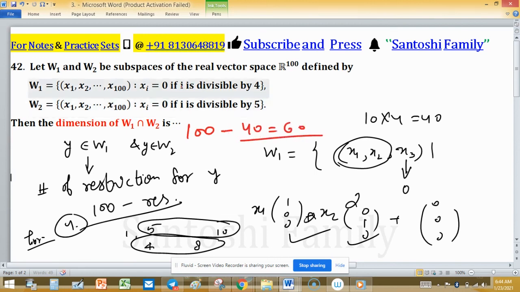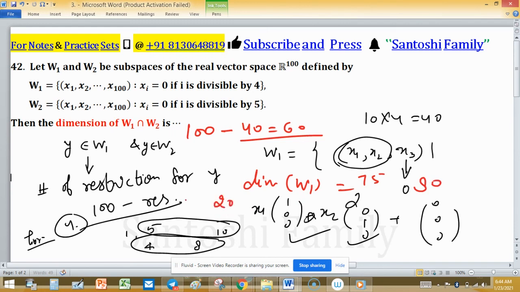Or you can take a common basis for W1 and W2. Also, if you approach in another way, because the dimension of W1 is 75 and the dimension of W2 is 80, there will be some numbers that are common.